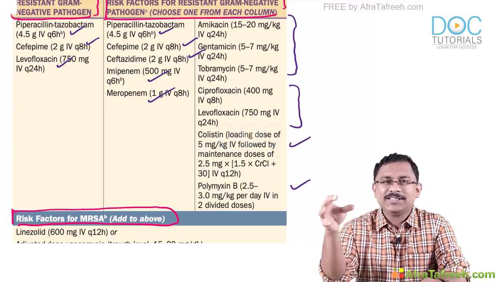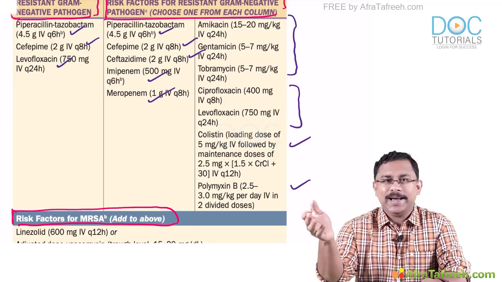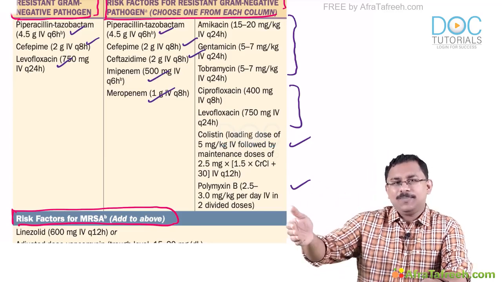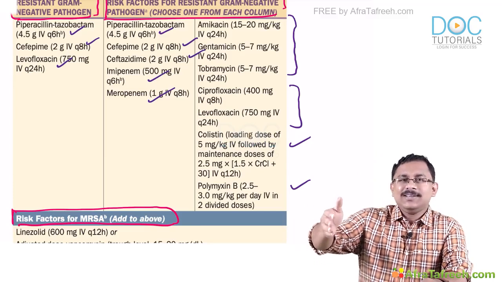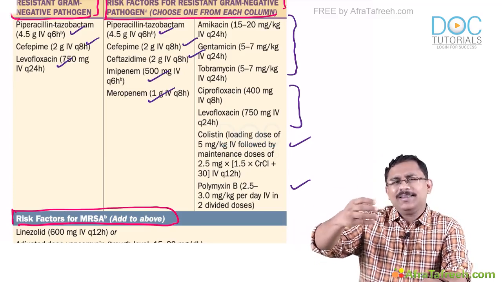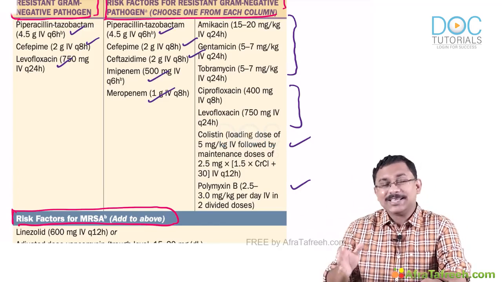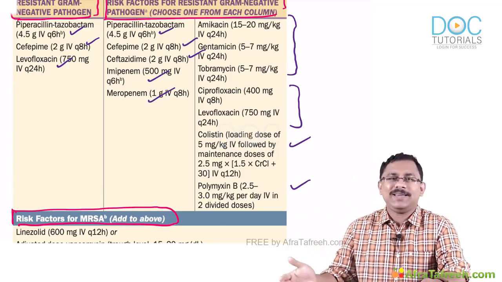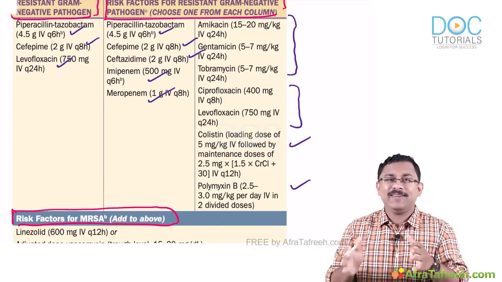Suppose your ICU harbors a lot of colistin resistant Acinetobacter, based on previous reports of another patient in the ICU, because the profile of the microbes in the ICUs will be more or less the same. In such a case, do not go for colistin, go for something else. So that is important. Antibiotic selection has to be very wise there.